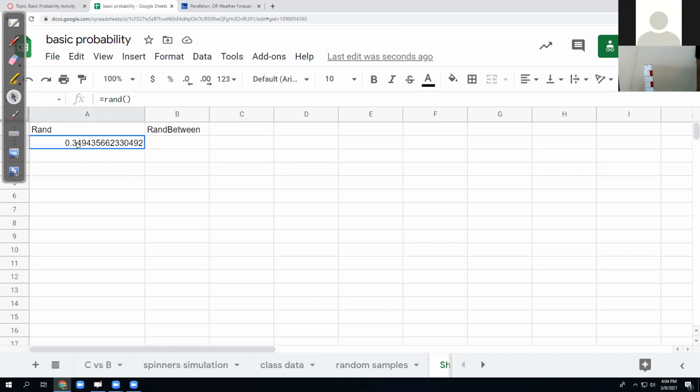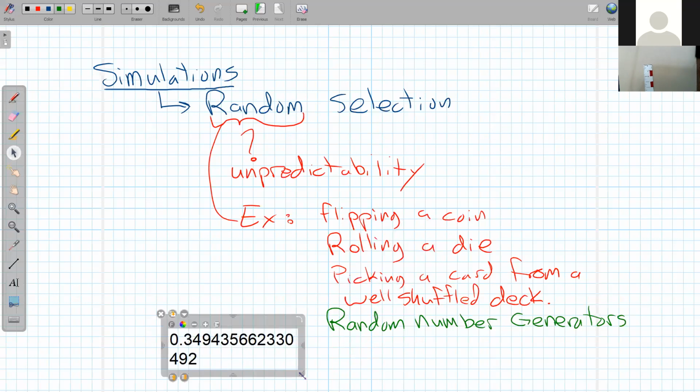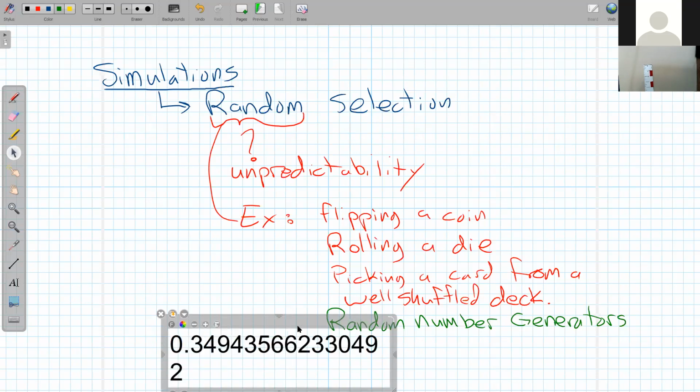This random number generator, let's copy that. Put that in here. Just want to talk about this random number generator for a sec. Make that bigger, please. So the spreadsheet is set to only have a certain number of places it keeps track of.